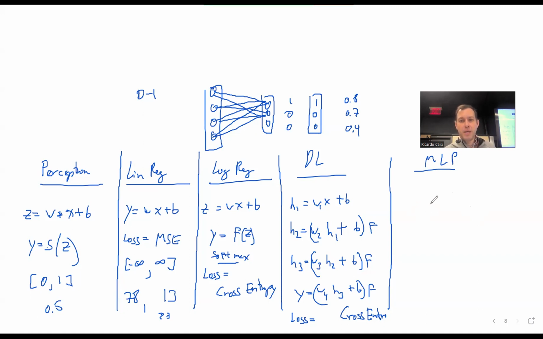But so then this would be W1X plus B. So we just have one hidden layer, right? Start with the original X. And then here we can say Y equals F of W2 H1 plus B2, got it?